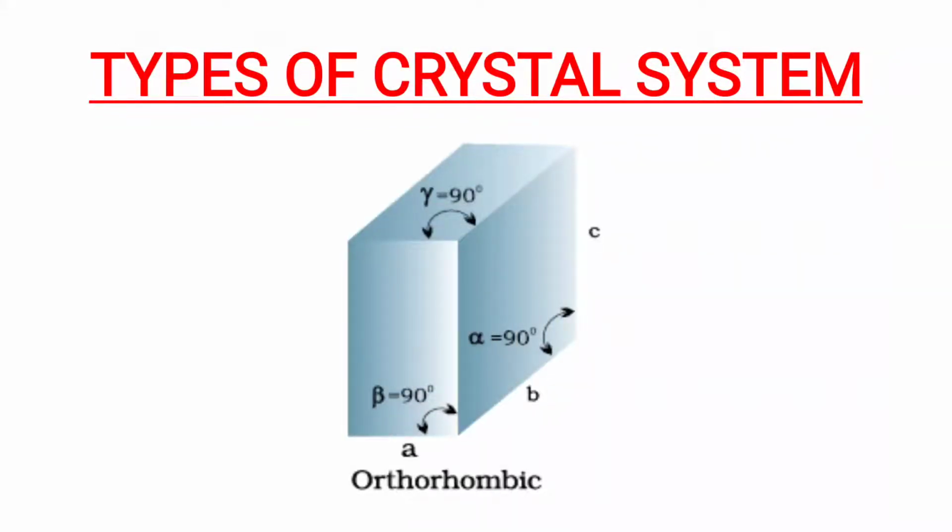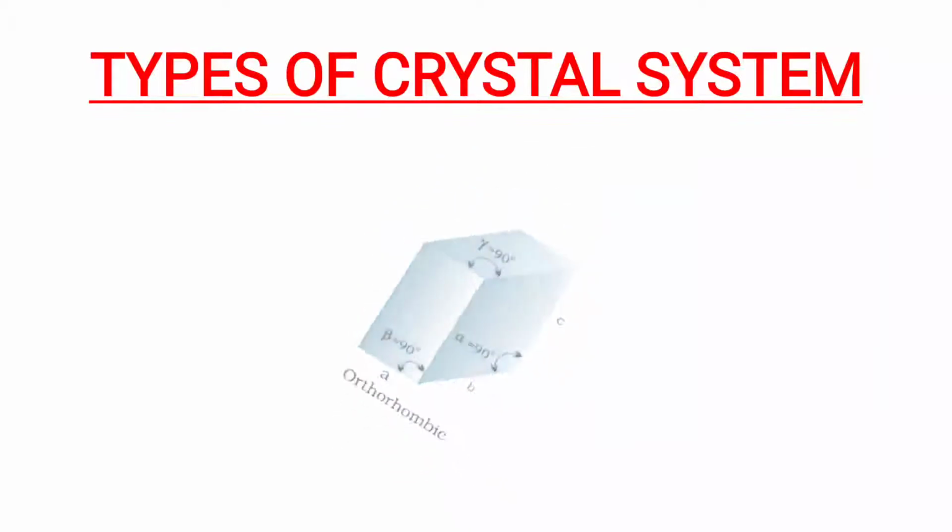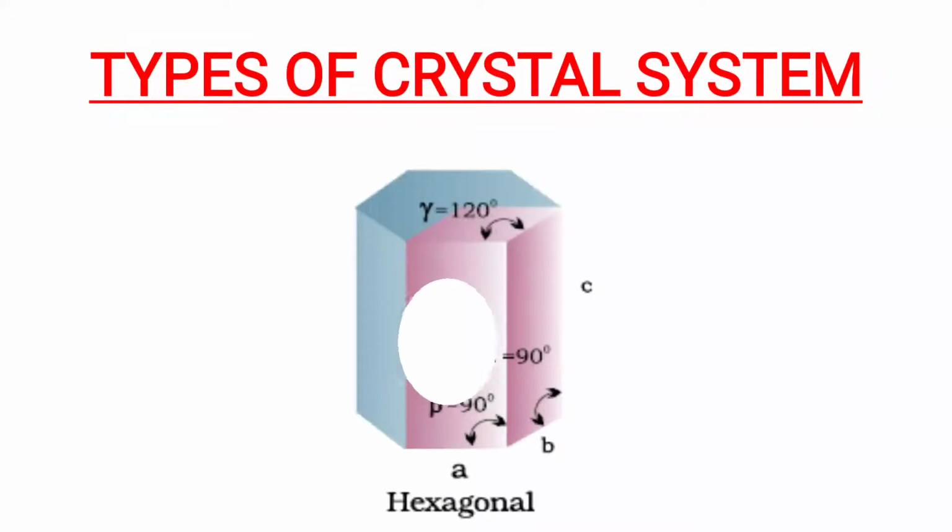Moving to the third type of crystal system, that is orthorhombic. In this case, we see that the angles alpha, beta and gamma are equal to 90 degrees. However, the sides a, b and c are not equal to one another. Moving to the fourth crystal system, that is the hexagonal crystal system, where you see that alpha and beta are equal to 90 degrees.